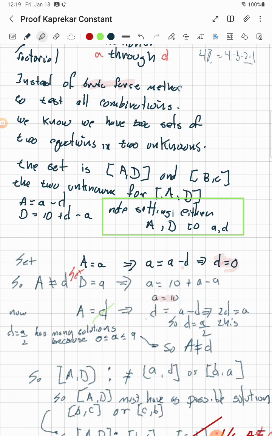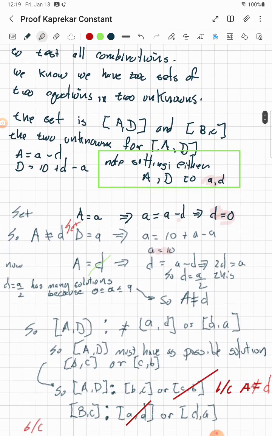So if you solve that, whatever A is divided by 2 will be equal to D. Well, this shows that AD cannot be using any of these 2.